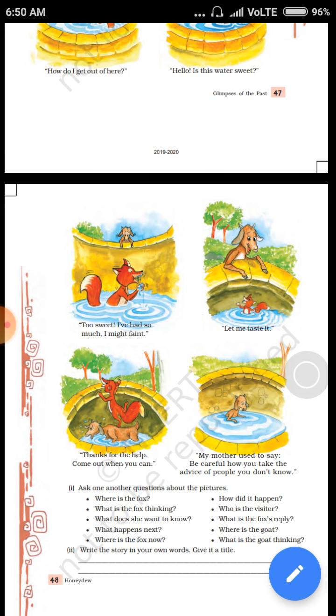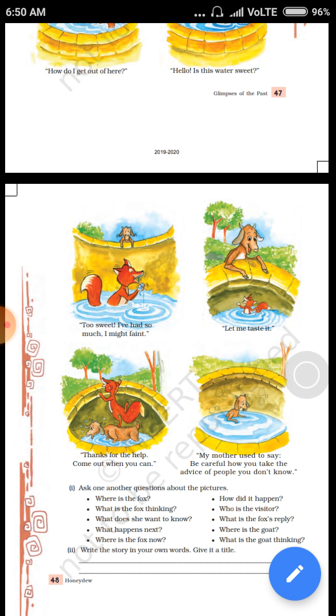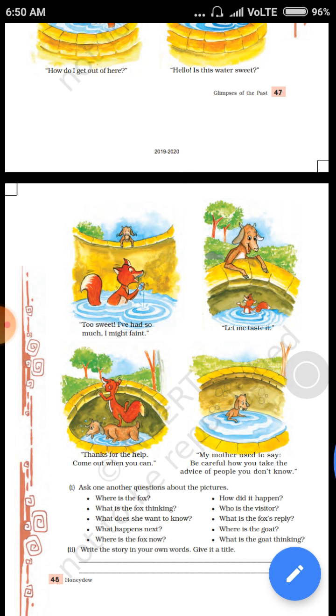Dear children, perhaps this picture will be helpful to write a story. This is called pictorial inputs to write a story.